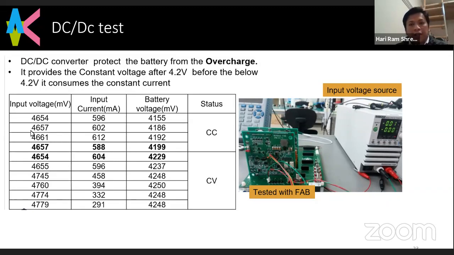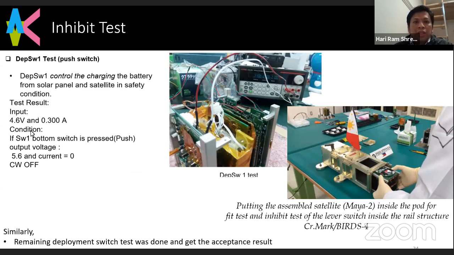So we need an electronic load, the FAB board, and also a power source. I did this one before in the engineering model test. It means we can make sure whether the solar cell would overcharge the battery. So the EV test is very important.